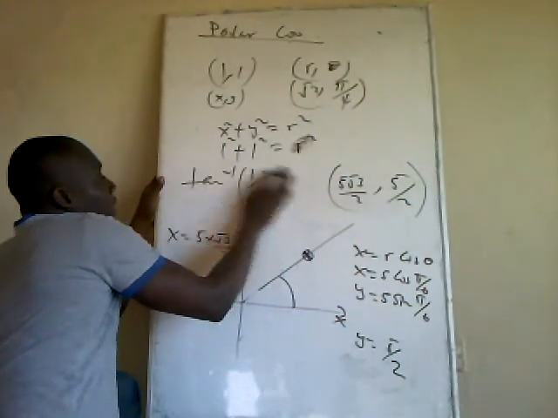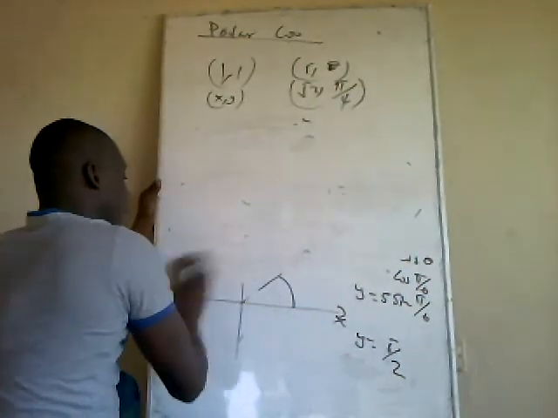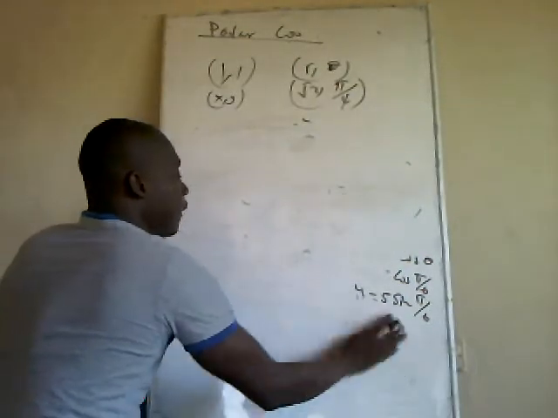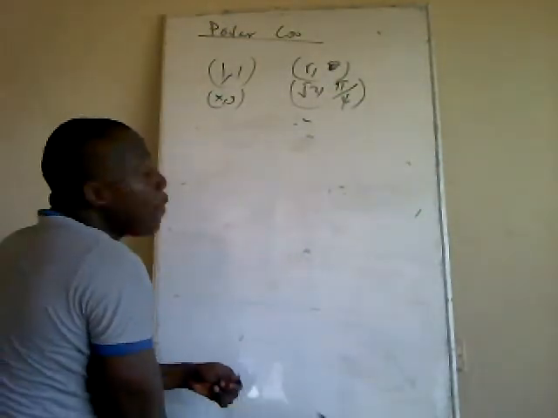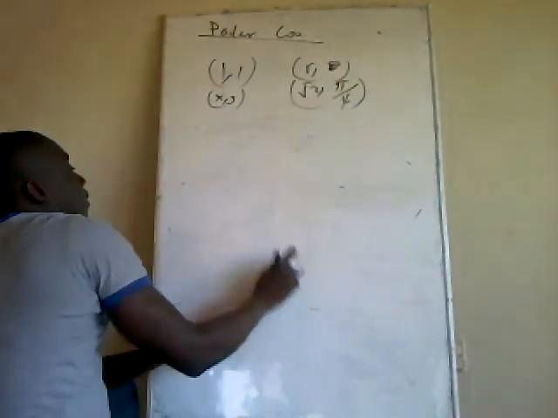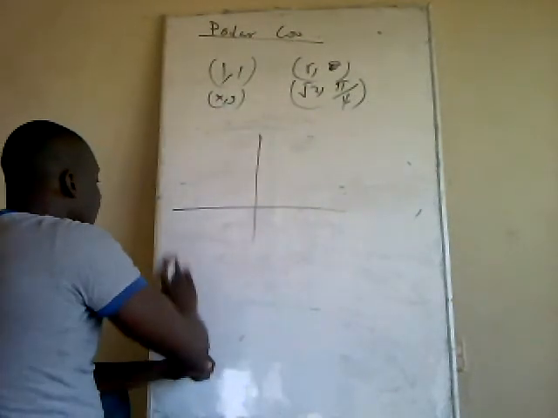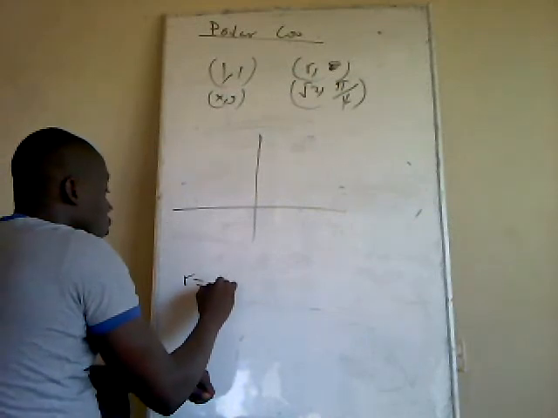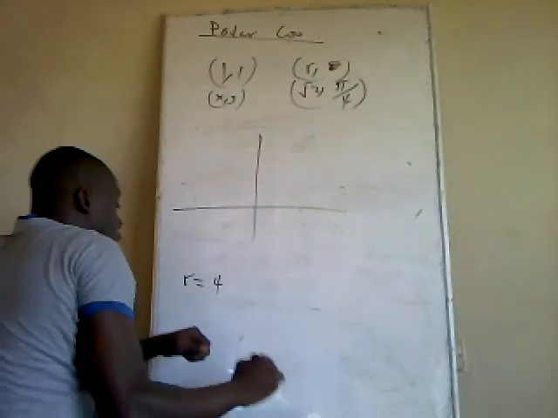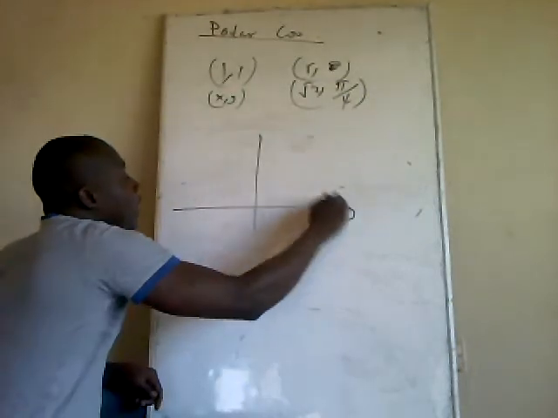Okay, let's see. If in polar we say that r is equal to 4, what is this in polar coordinates?